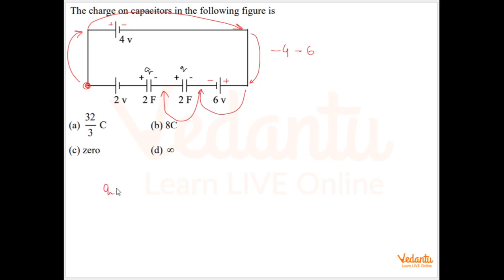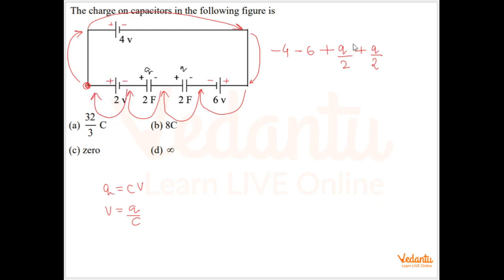Now for a capacitor, Q is equal to CV. So for a capacitor, V will be Q by C. So here I will add Q by C, because I went from minus to plus, I have to add according to Kirchhoff's voltage law. Then I go from here to here. Again add Q by C. Then this time I will go from here to here.